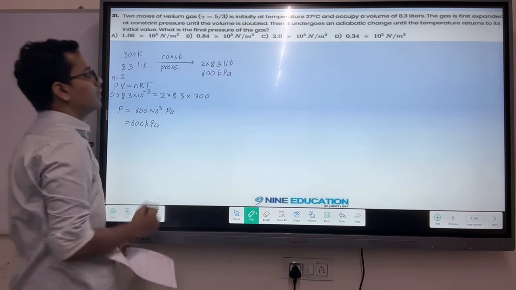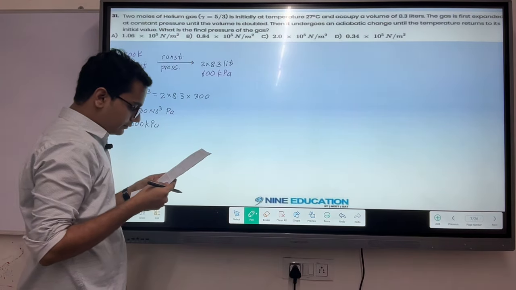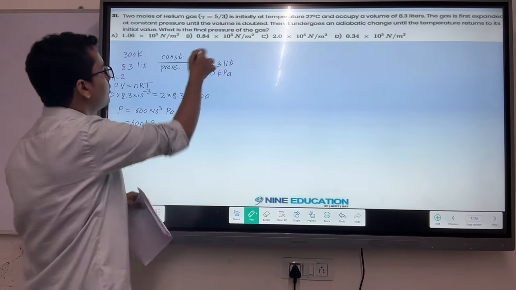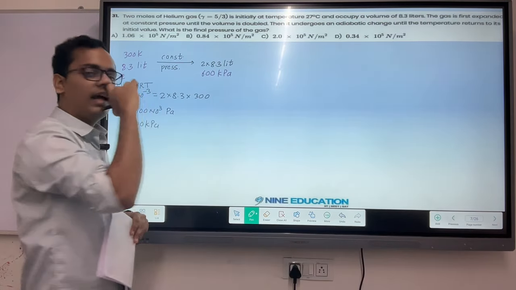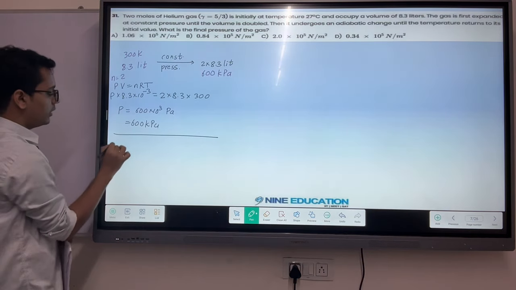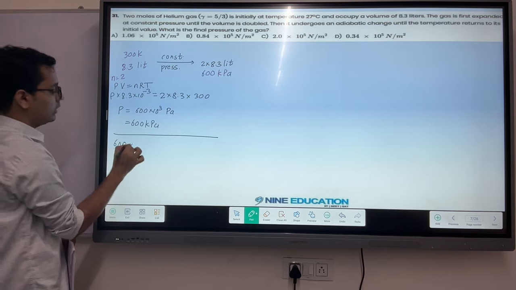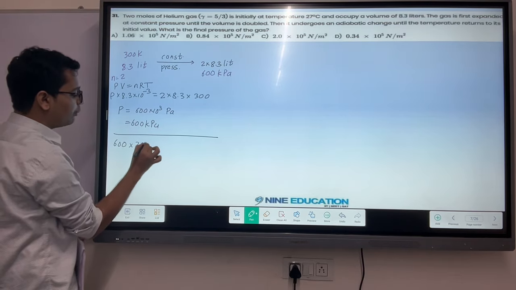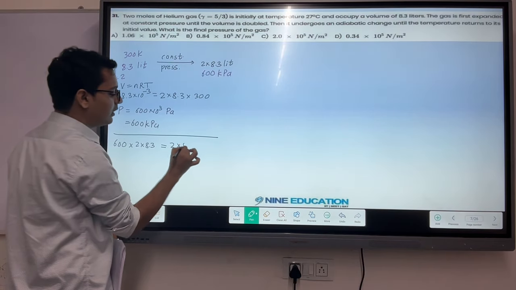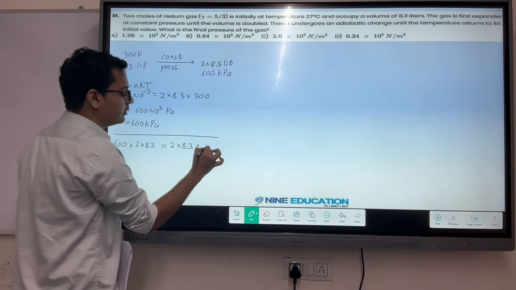Clear? Now they are saying until the volume is doubled, what will be the temperature over here? That we need to find. How will we find the temperature at this point? Again, pressure is 600 kilopascal, volume is 2 into 8.3 liter, that will be equal to number of moles, which remains the same, R, into temperature.